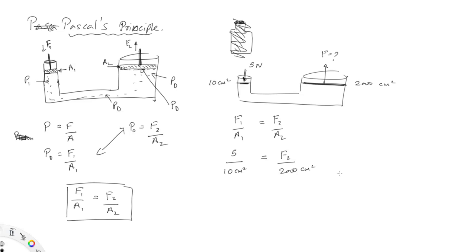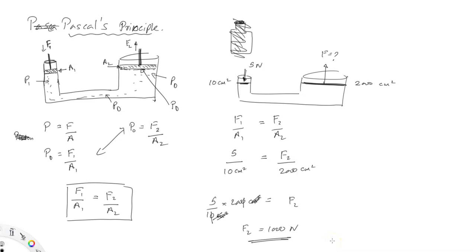Even if you convert it, the two numbers will have the same ratio. So what is our F2? F2 is 5 over 10 centimeters squared multiplied by 2000 centimeters squared. Even if I don't convert it into meters, the same unit is going to get cancelled out. So I get F2 equals 1000 newtons.